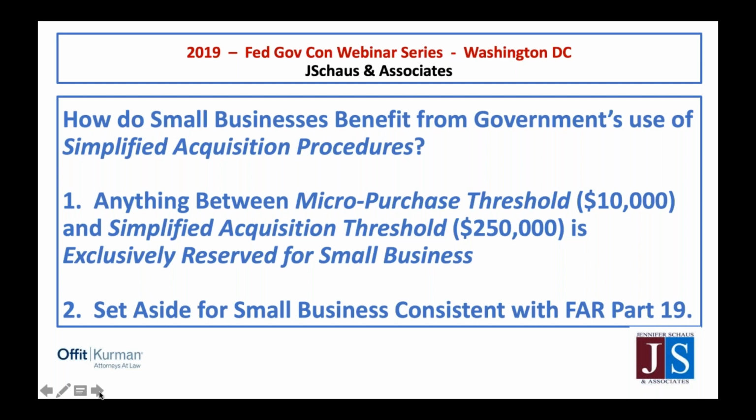And when we're talking about small business, we're talking about small business of all types. We're talking about service disabled, veteran owned. We're talking about WOSBs, HUBZones, straight small business, all of which are identified in FAR Part 19, which is also referenced in FAR Part 13, which relates to the use of simplified acquisition procedures. So it's a win-win for small business if the type of goods and services that you provide fall within this particular monetary range.